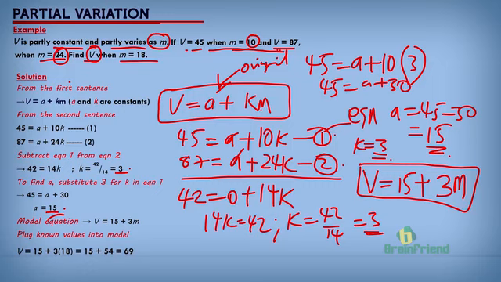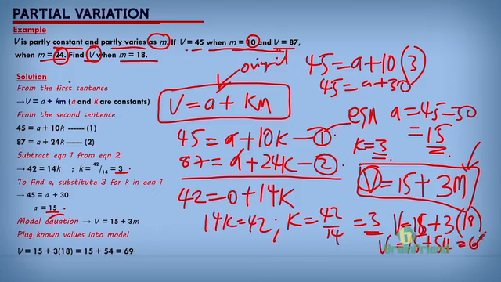All we need to do is plug the value of M into our model equation, and we'll have a value for V. Let's quickly do that. V is 15 plus 3 times M. M is 18, so we have 15 plus 54. V is 15 plus 54, which gives us 69. So 69 is our answer.